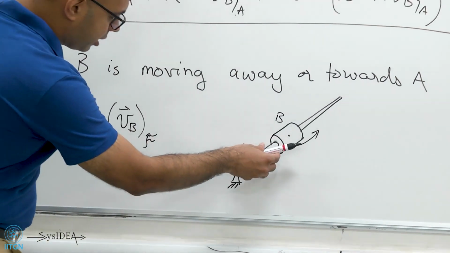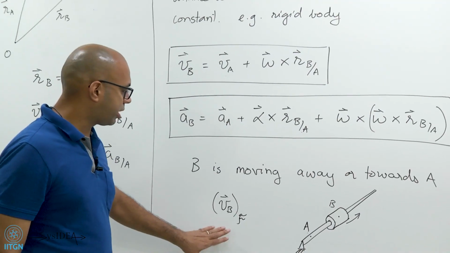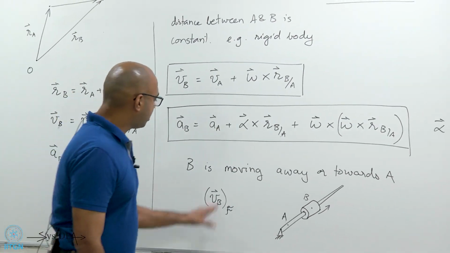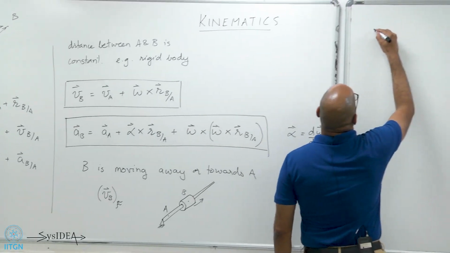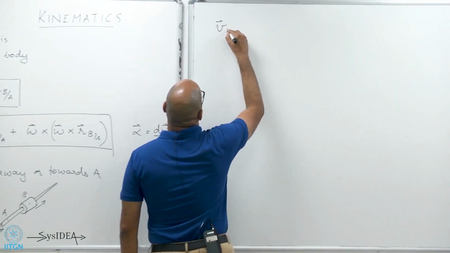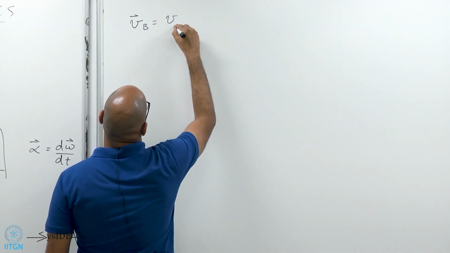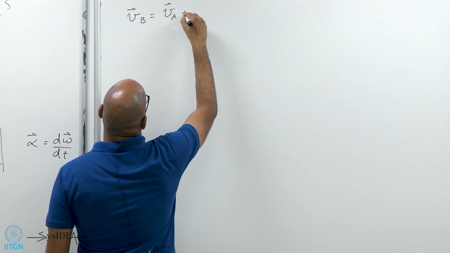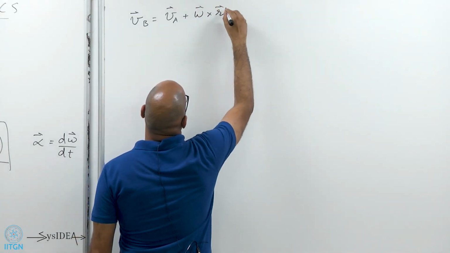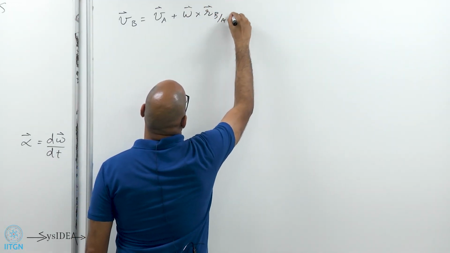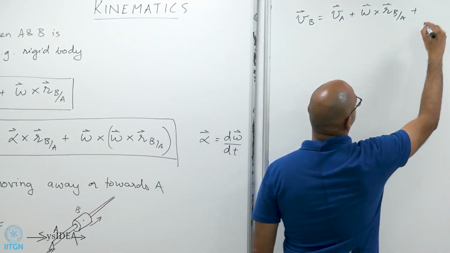Now on top of this, this whole link can be rotating, but that part of the velocity is not what I'm worried about here. Now supposing I have this, then I would have an addition to this equation where on top of what I had earlier, I would have also this additional velocity superimposed.